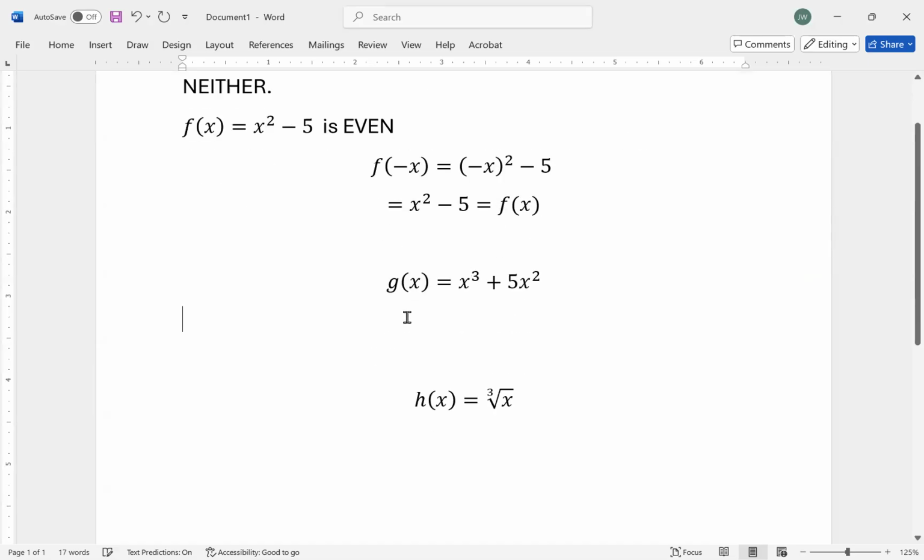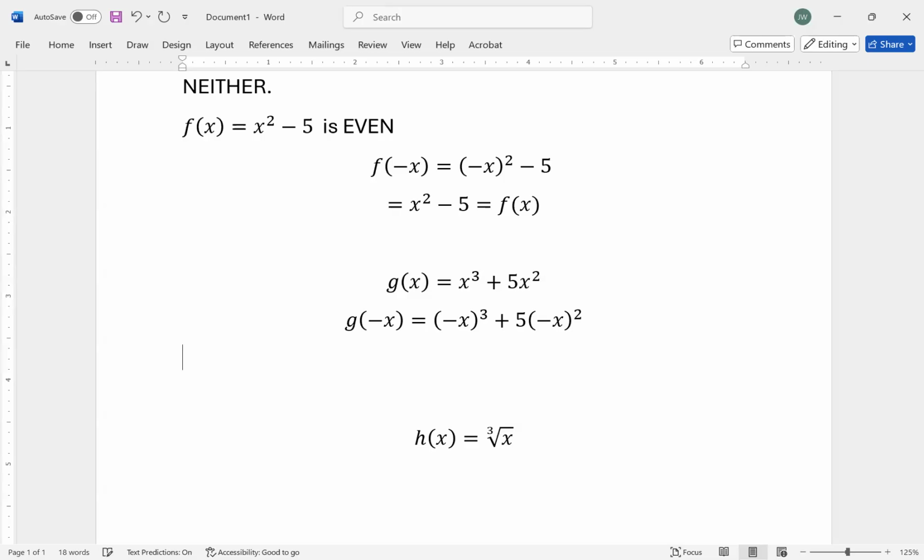Let's look at the next one, g of x. We would do the same thing. We'd plug in negative x instead of plugging in x, and everywhere we see an x, we replace it with a negative x. So negative x cubed plus 5 times the quantity negative x squared. Now in this case, when we take a negative x and cube it, that's the same thing as negative x cubed.